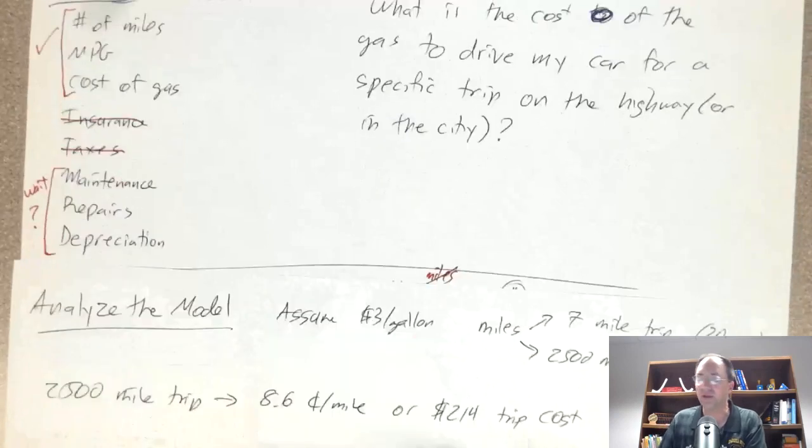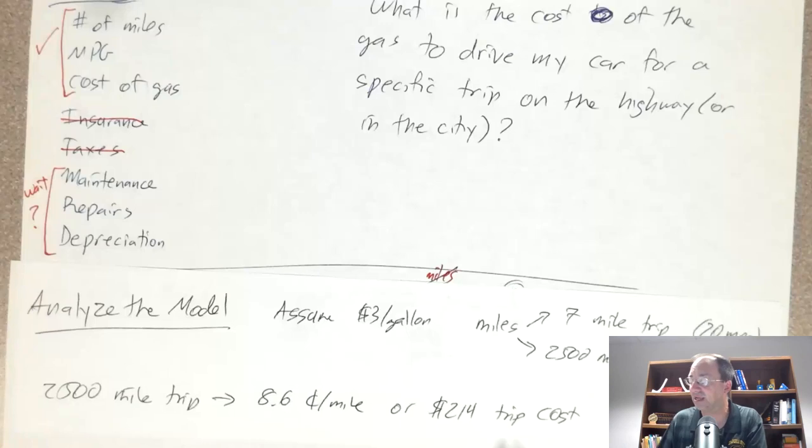So the best way of thinking about this number is that this is a lower bound. All right, so I can be confident that, unless something really changes dramatically with the price of gas, I'm going to spend at least $214, not to mention depreciation and everything else. So if I can buy a plane ticket for about $200, then I should probably definitely do it.